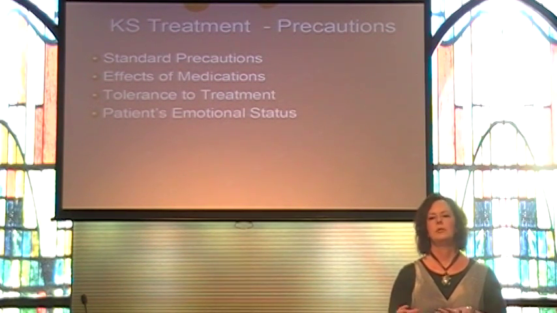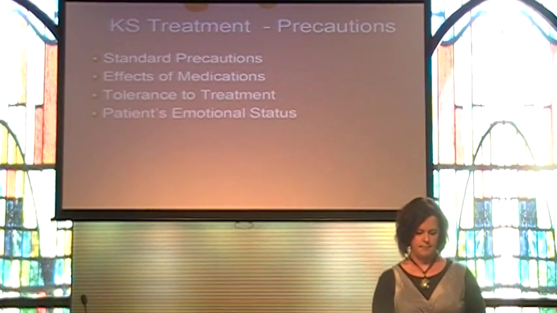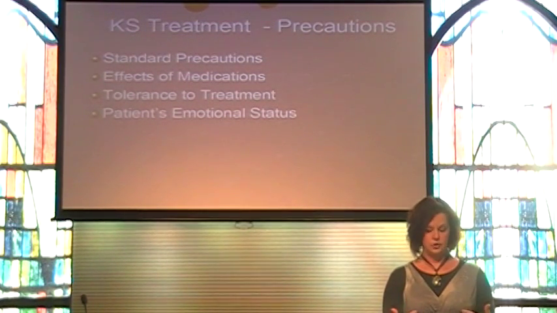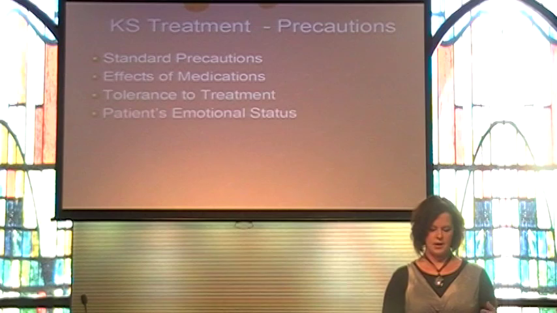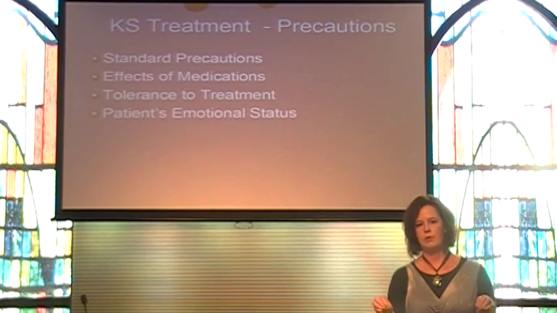So you might want to watch what their tolerance is for the day and keep them away from other patients that might be ill. If the KS is present in other organs, such as the lungs or GI tract, they could have dyspnea, chest pain, cough, abdominal pain, nausea, and vomiting, which would mean a lower tolerance for their treatment.